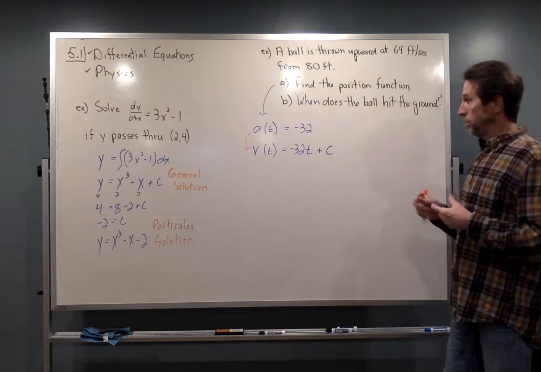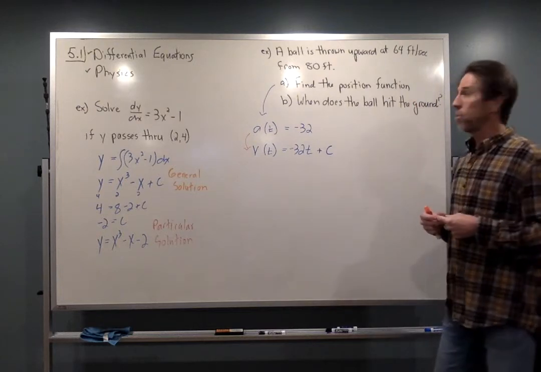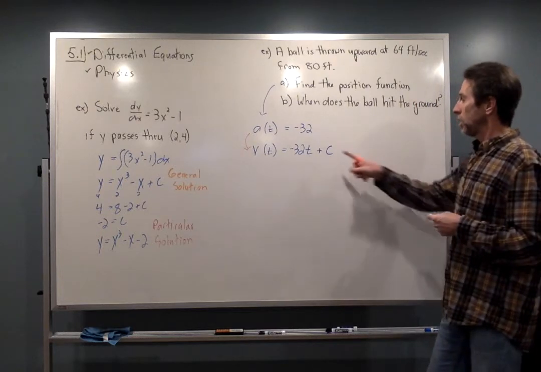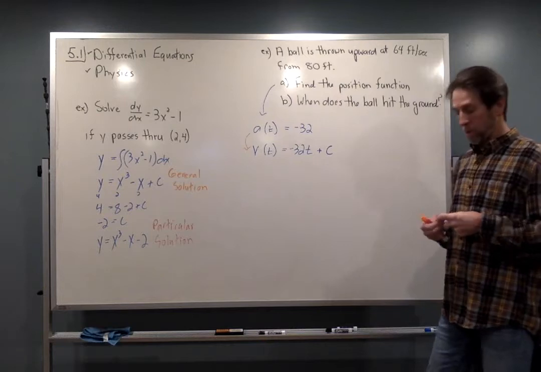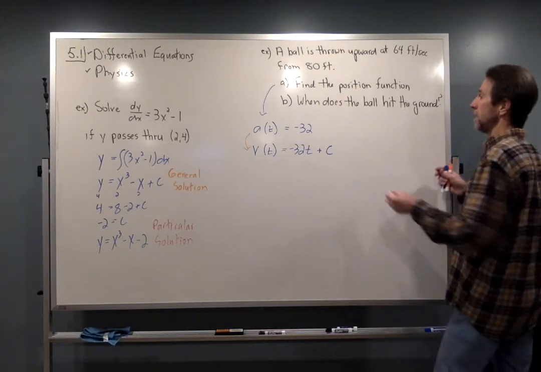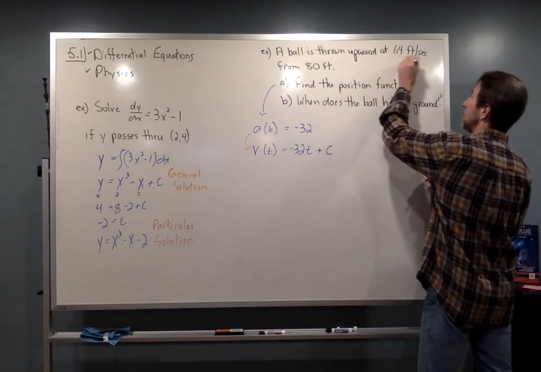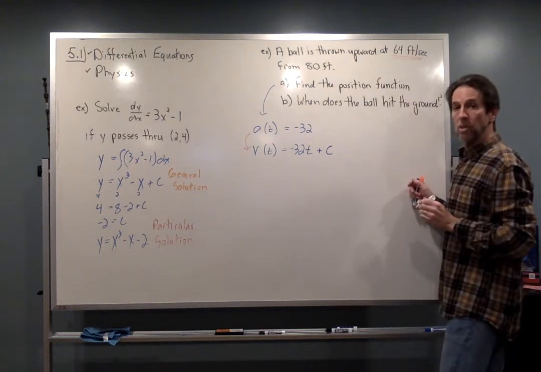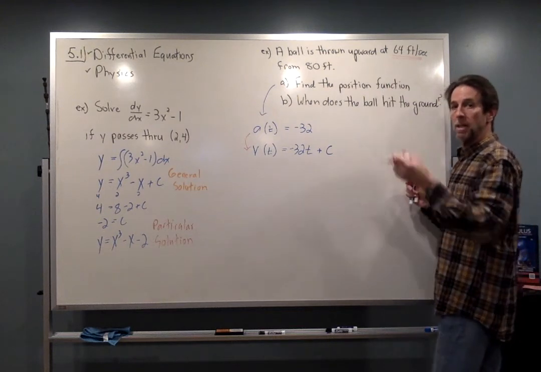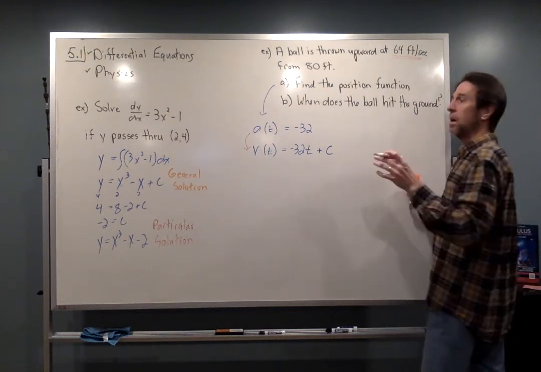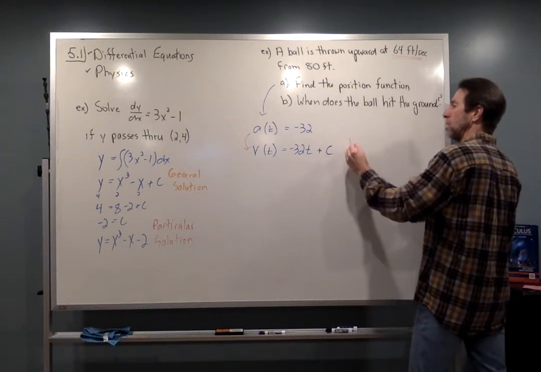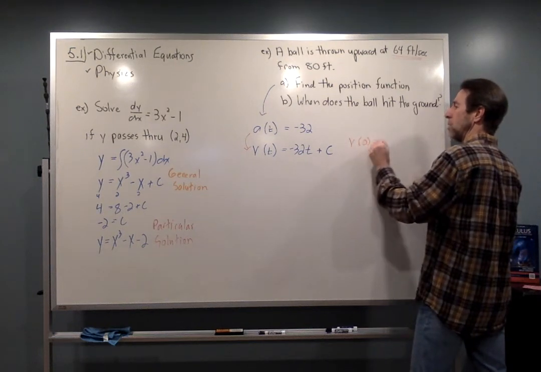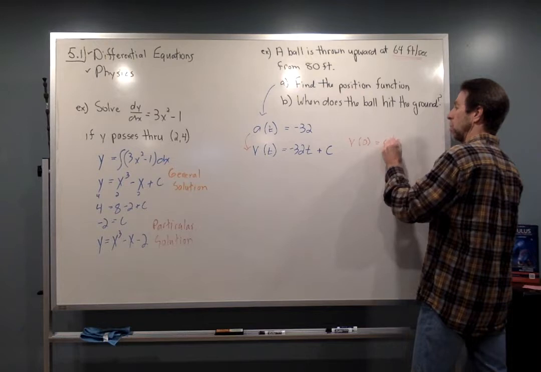Now, I can use something in this problem to figure out what that constant is. What I know is that this is my initial velocity, because the second it leaves my hand, it's going 64 feet per second upward. So I know that the velocity at time 0 is 64.